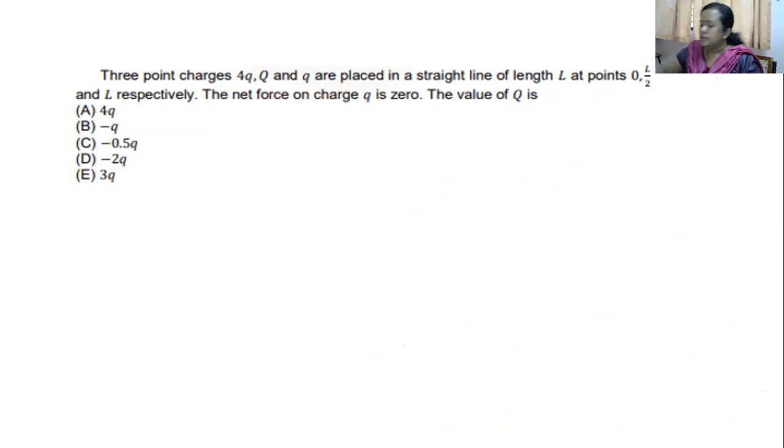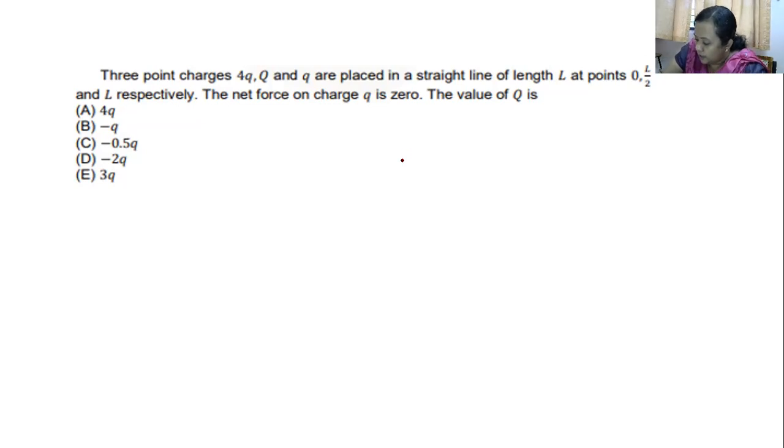Okay. There are 3 point charges 4q, q and capital Q placed in a straight line of length L at points 0, L by 2 and L respectively. The net force on the charge q is 0. Then the value of Q is. So first we will try to make a diagram of this question.